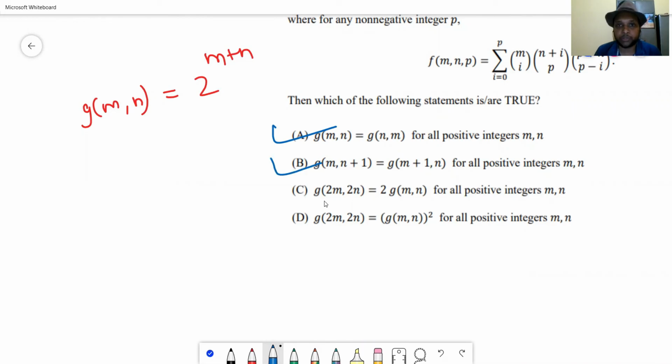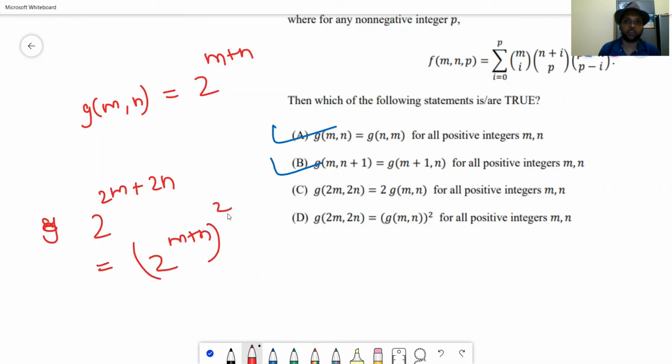Coming to option C, g of 2m comma 2n will have 2 to the power 2m plus 2n, which is nothing but 2 to the power m plus n whole square. Okay, no, it's not true. Actually, it's option D, and option C is twice of g of m comma n, which is quite not true. So finally we have options A, B, and D. These are our answers. This was a multiple correct type.